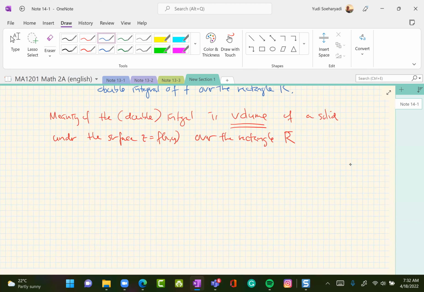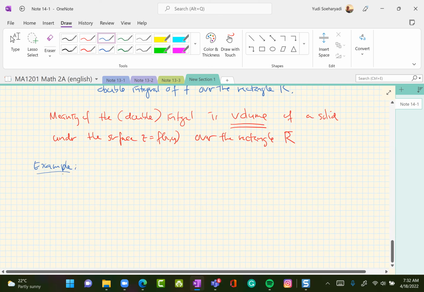So for example, one, this is assuming f is non-negative. Okay, so assume first f is defined on this rectangle, 0 to 4, for example.